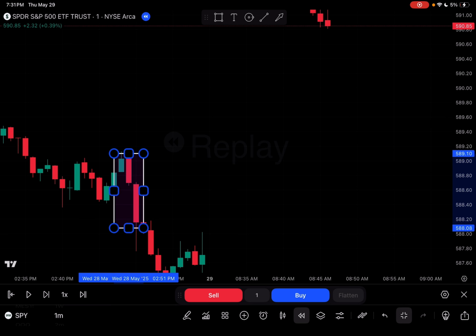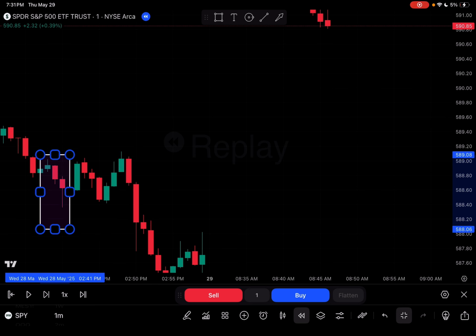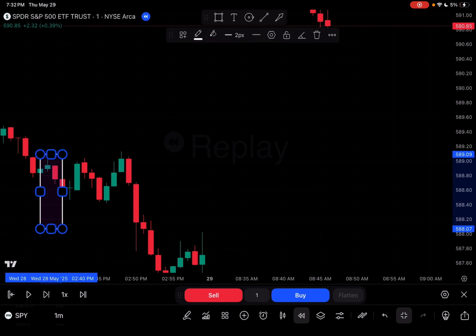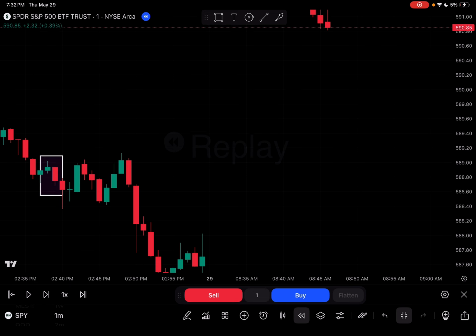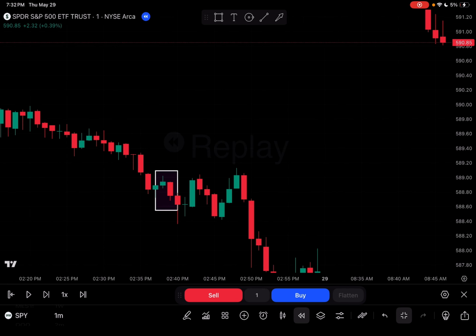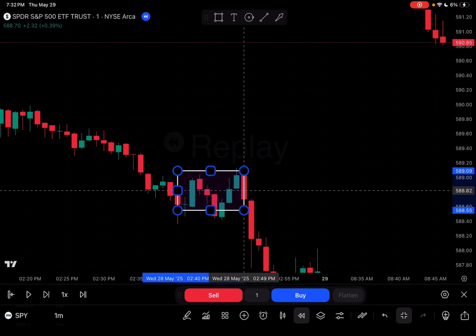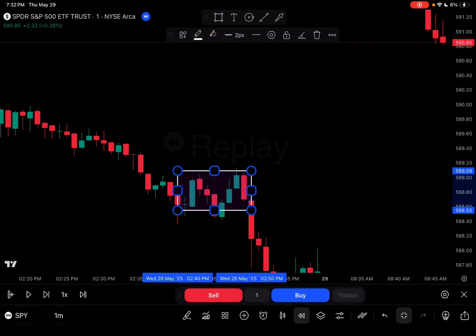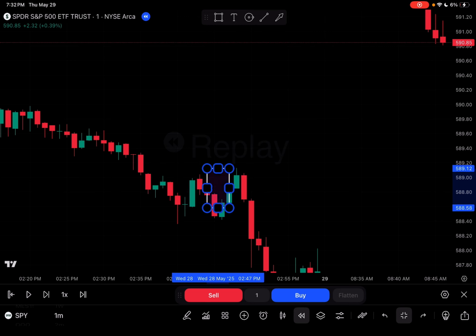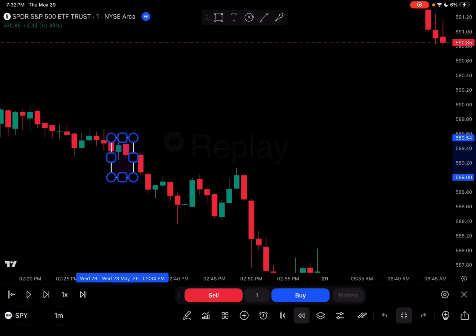So this to me is supply. Just the green candle and the red candle. To me, this is supply.